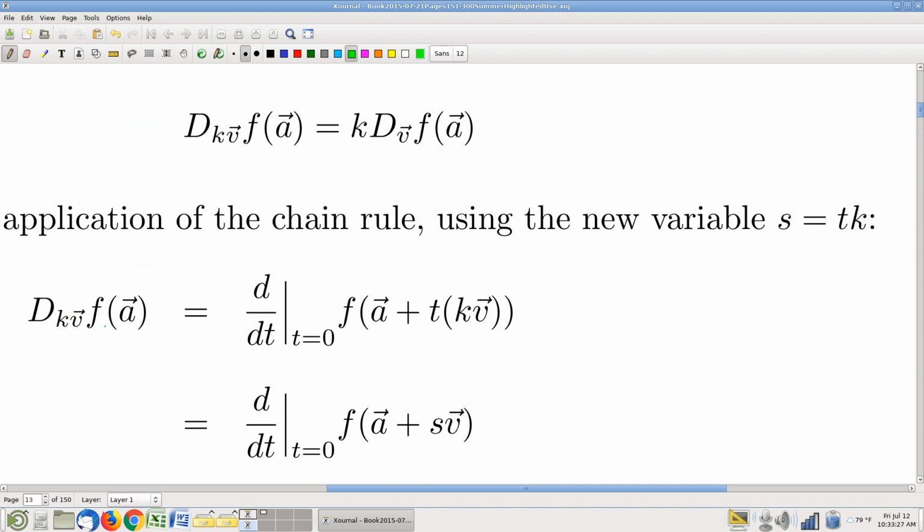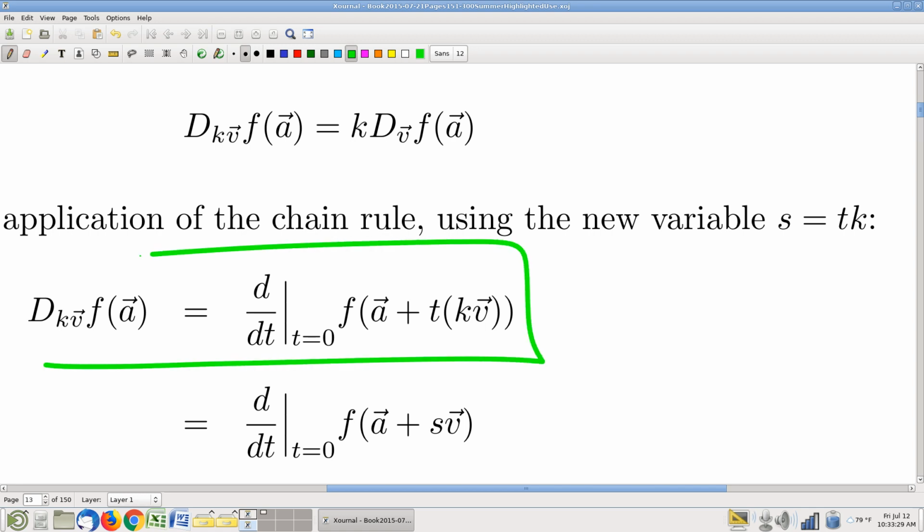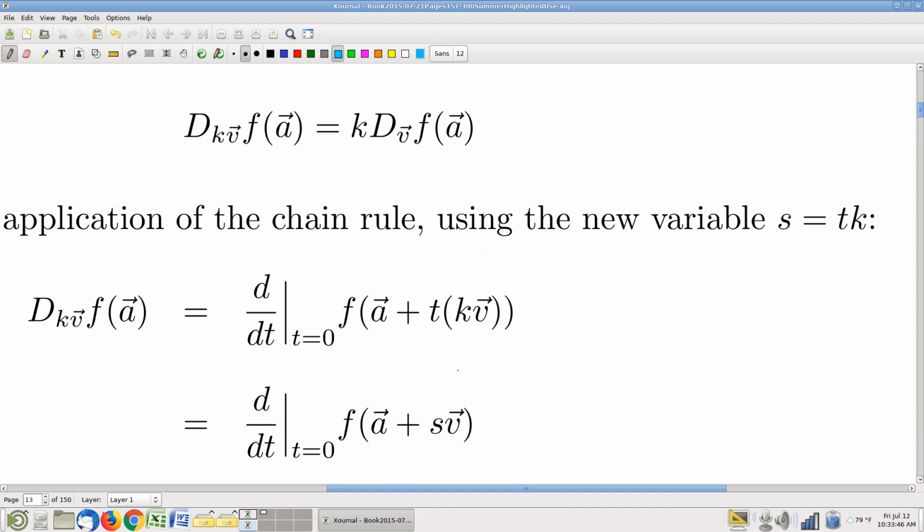Here is the definition of a directional derivative. Notice my velocity vector that I'm putting in there is, as indicated, kv. Otherwise, this is just straight up definition of directional derivative. Okay. Let's see here. What am I going to do about this?